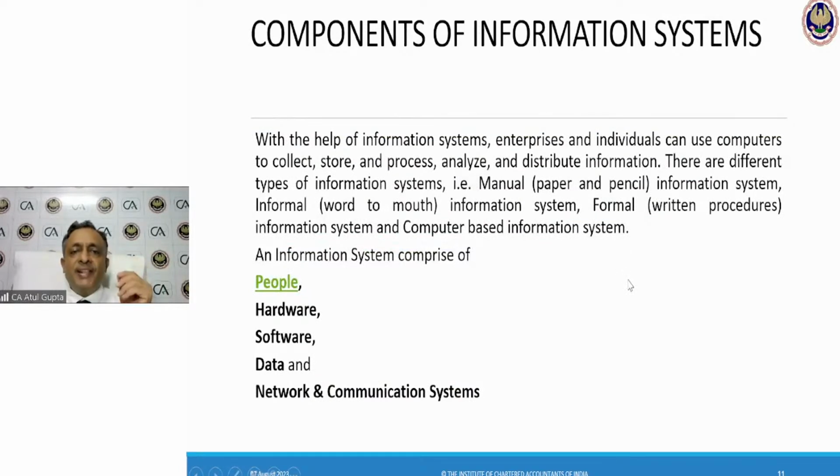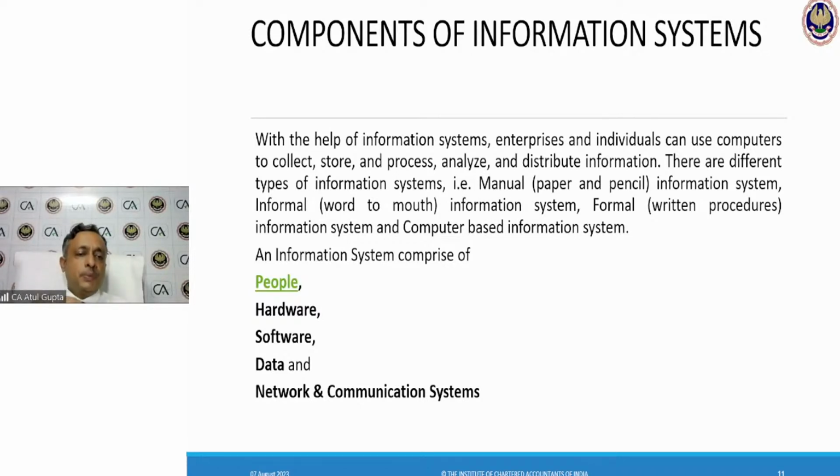Then, with the help of information systems, individuals can use computers to collect, store, process, analyze, and distribute information. There are different types of information systems: manual, informal, formal. Manual includes pen, pencil; informal, word of mouth; formal, written procedures; and technology driven information systems. Our core is technology driven information systems.